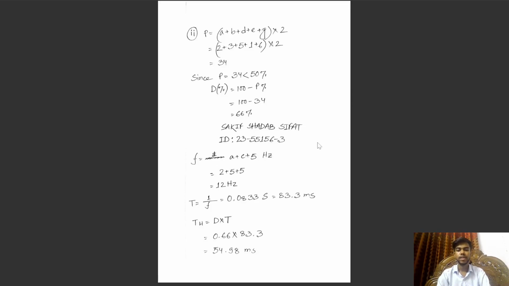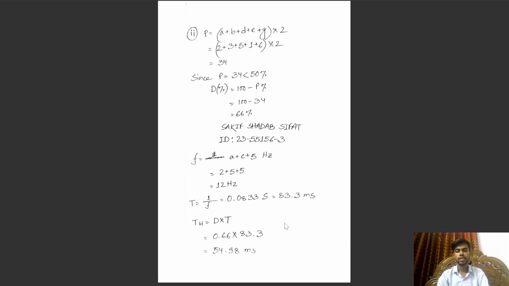And the frequency is A plus C plus 5, and according to the values, A and C are 2 and 5, so 2 plus 5 which would be 12. This is how we need to calculate the T, which is 1 by F, and if we do 1 by 12, the result would be 0.0833 second, and it would be 83.3.